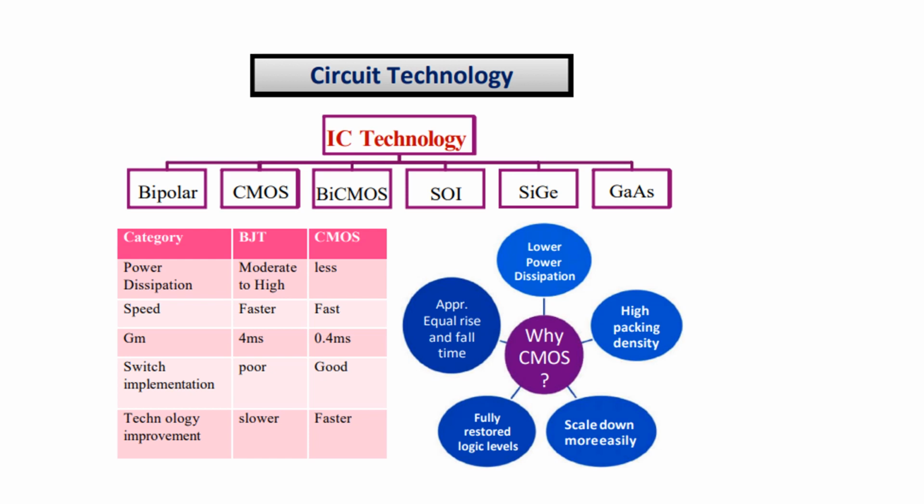So why CMOS? Why complementary metal oxide semiconductor? These are the advantages which make a VLSI circuit to be fabricated using MOS transistors: low power dissipation, high packing density, scale down more easily, fully restored logic levels, and equal rise and fall times.